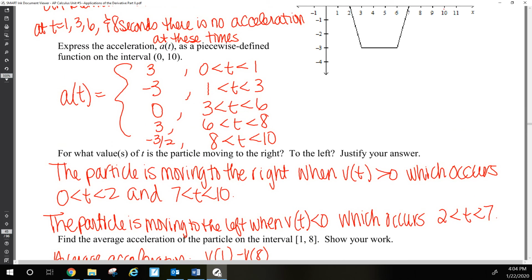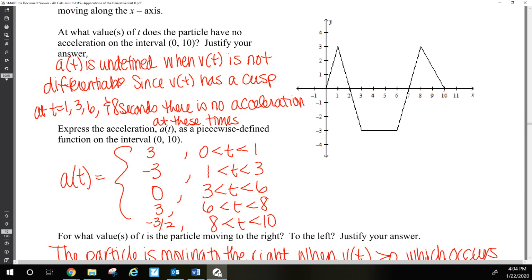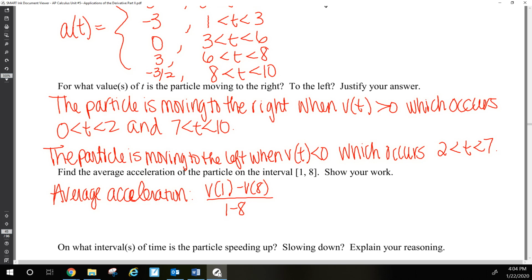Looking at our graph here, my y value at 1 is 3. My y value at 8 is also 3. So this is going to be 3 minus 3 over negative 7. That's 0 over negative 7, which is 0. So our average acceleration is going to be 0 meters per second squared.